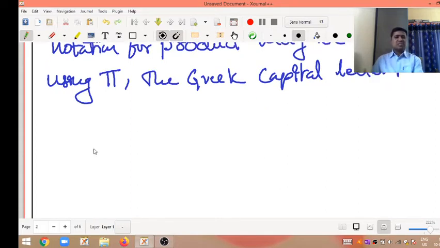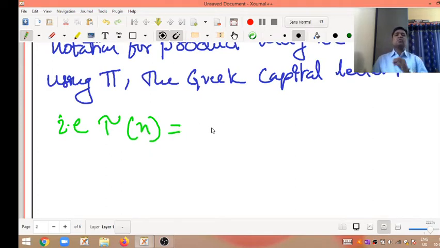Okay, that is nothing but tau of n. We want to express tau of n, which is nothing but the number of divisors. We all know that it is (k1 plus 1) into (k2 plus 1) into (k3 plus 1) and so on, up to (kr plus 1).